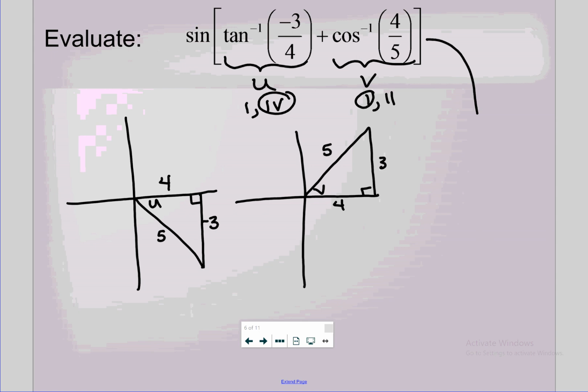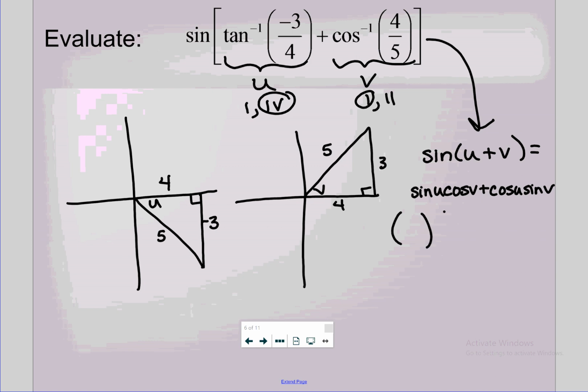Okay, so now sine u plus v is our goal. And we have u and we have v drawn. Sine u cosine v plus cosine u sine v. Find all 4 of them. What is the sine of u? -3/5. Yep. Cosine of v.